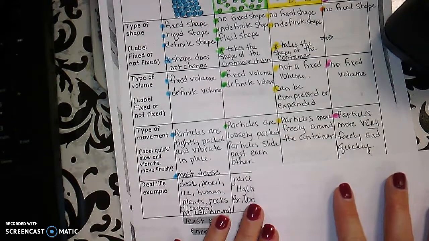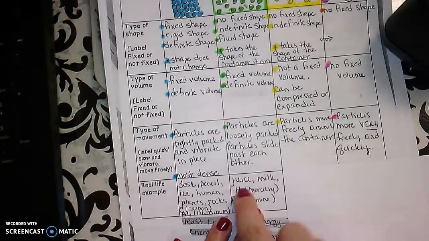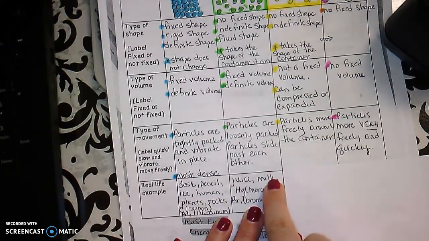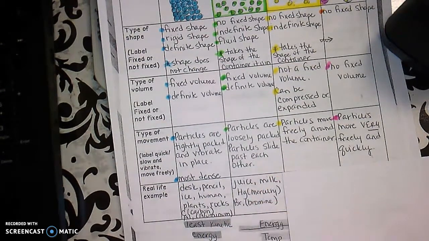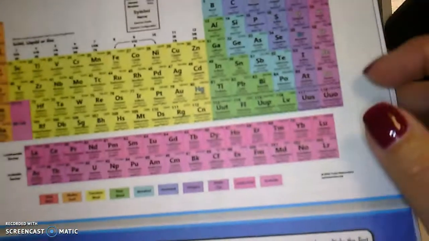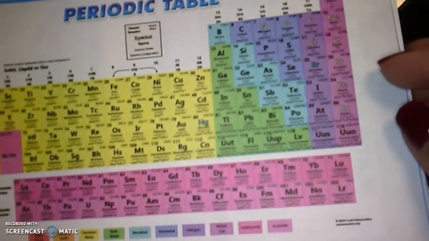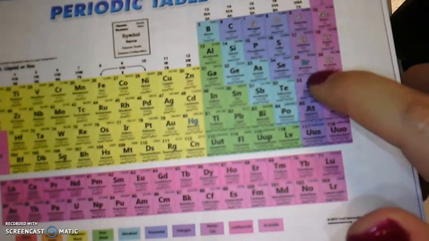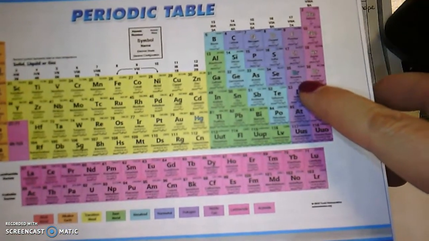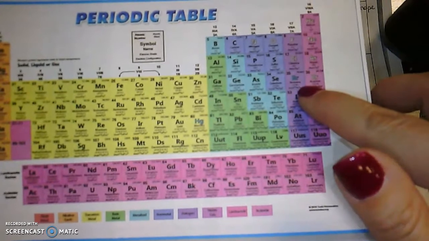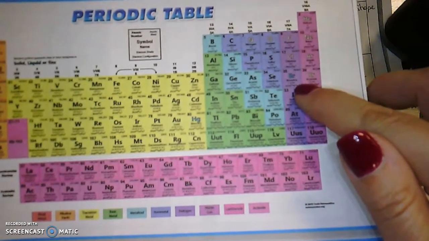Real life examples of liquids: juice, milk, and then on the periodic table there's only two. Let me show you which ones they are. You may have noticed them when you were looking it up yourself. Do you see the blue Br right there? Definitely look at this on your own periodic table in your planner.